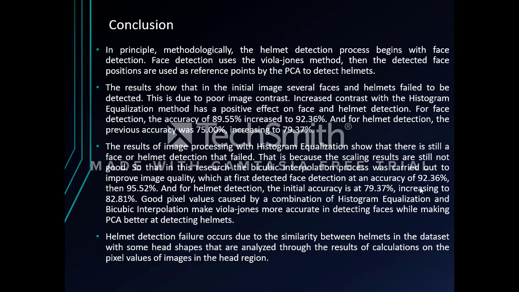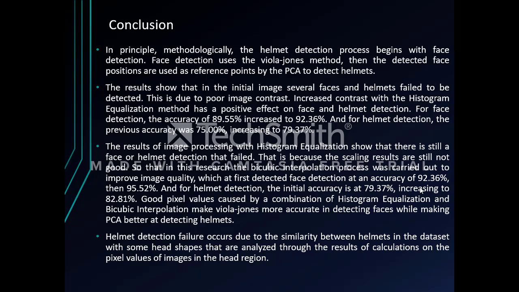So in these results, the bicubic interpolation process was carried out to improve image quality. Face detection accuracy, which was at 92.36%, rose to 95.52%. And for helmet detection, the initial accuracy of 79.37% increased to 82.81%.